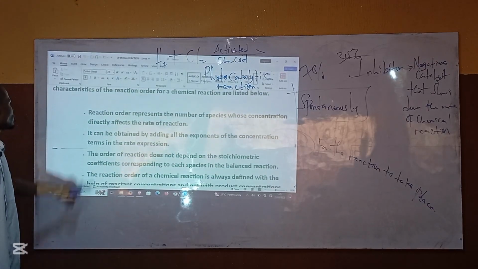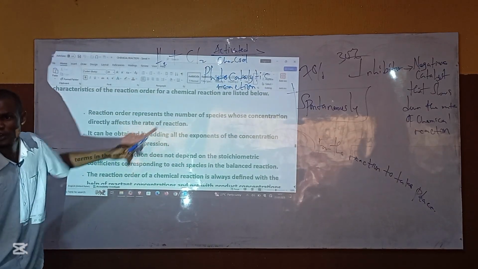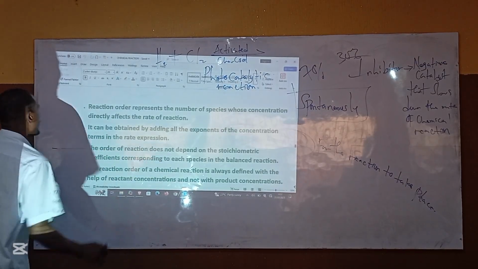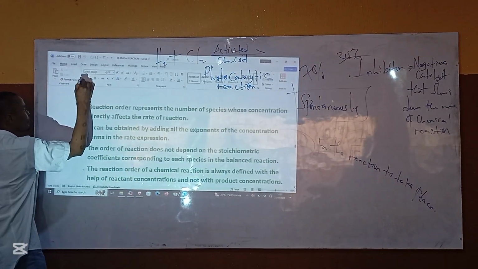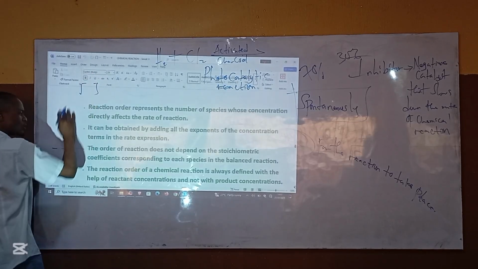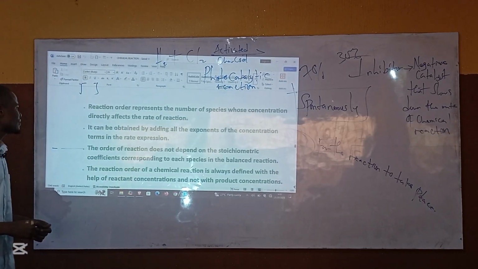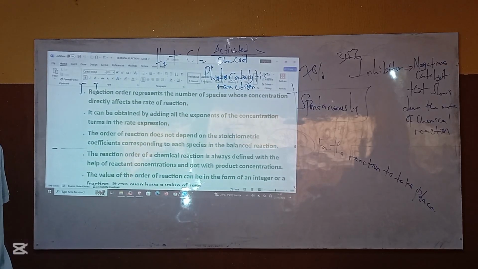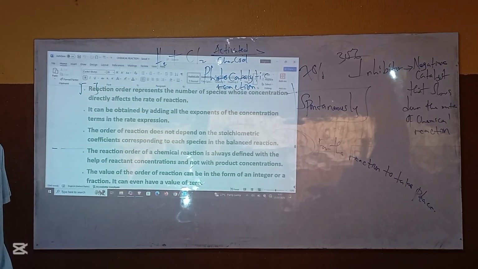The number of species whose concentration directly affects the rate of the reaction. When I say exponent of the concentration terms, power, don't worry, it's just the power of any of the concentration terms in the rate expression.